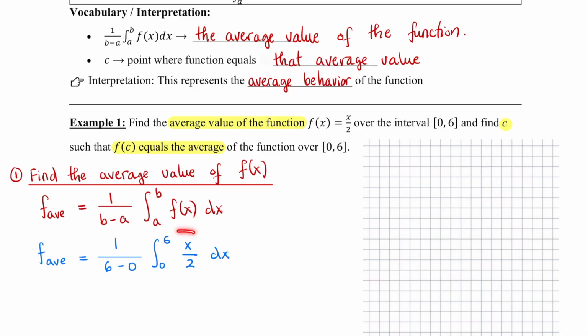The definite integral from 0 to 6 of x over 2 dx is the area under the curve from 0 to 6. So first, let's sketch this on the graph.